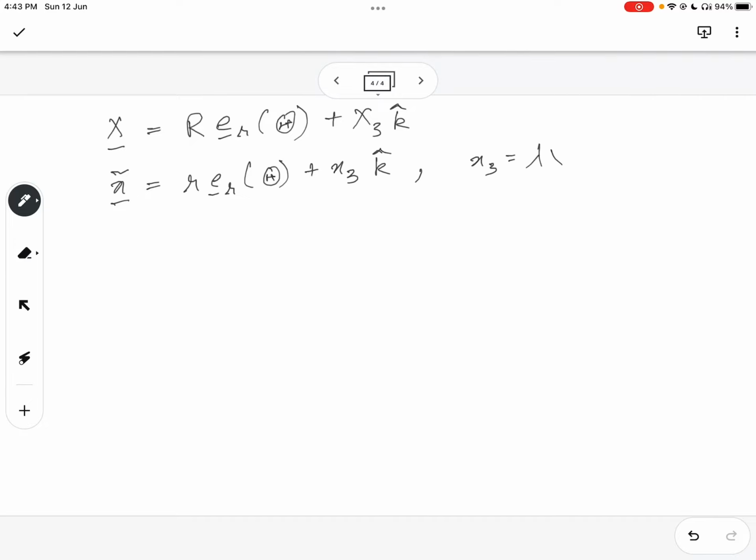So let's calculate f bar first, which is the second deformation. That is from x tilde to x.